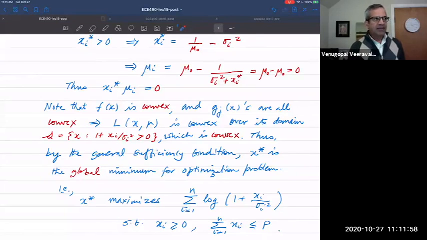But certainly if f is strictly convex on S, then if you add any other convex functions to it, it'll remain strictly convex. And that's true in these examples.